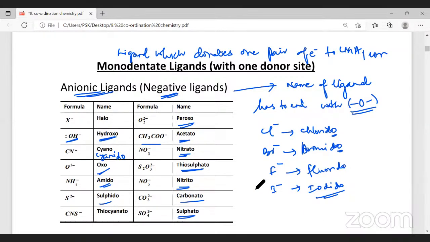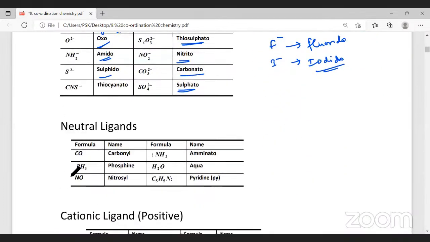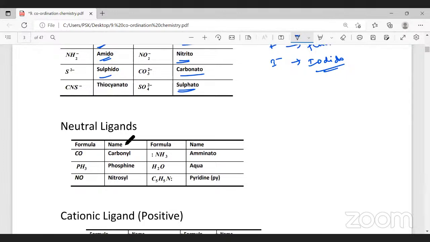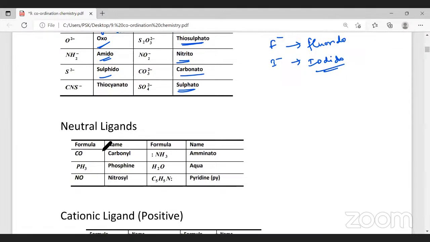Now, coming to neutral ligands. A neutral ligand will not have any charge, but it's still an example of a monodentate ligand. Neutral ligands have a special name. Remember, they have a special name. And there's a mistake here. It's not aminito, it's ammine.